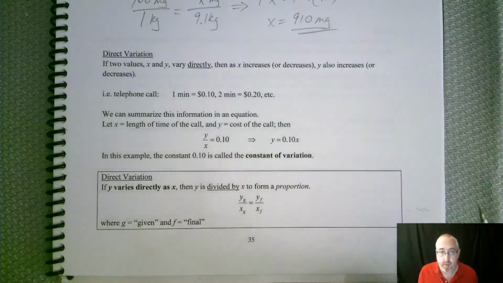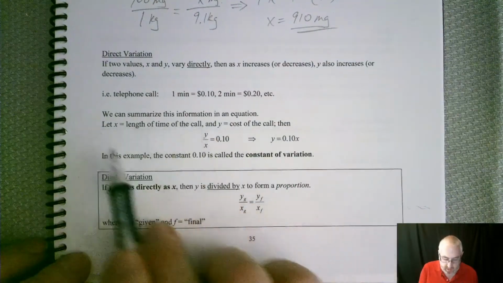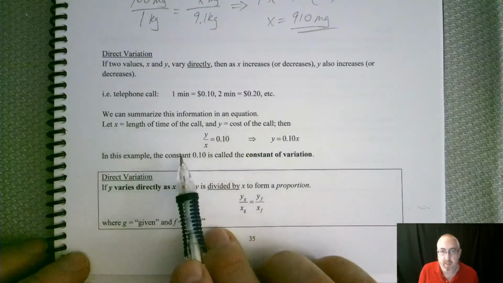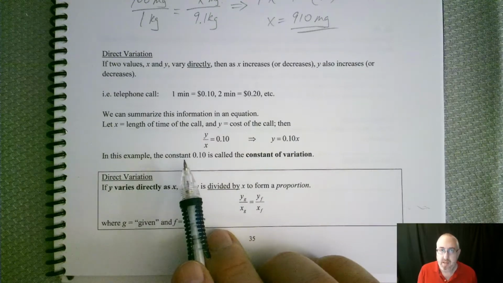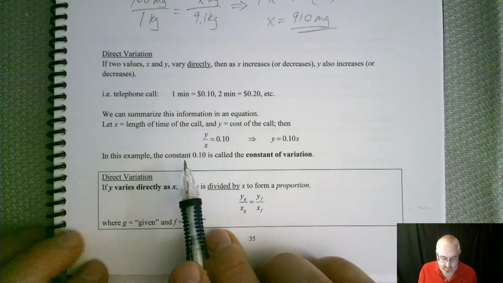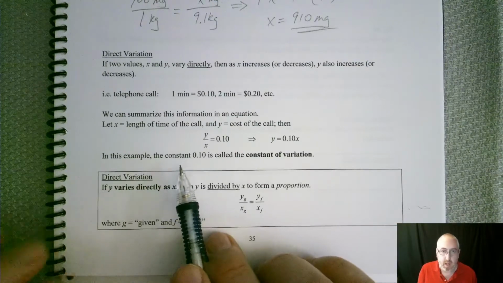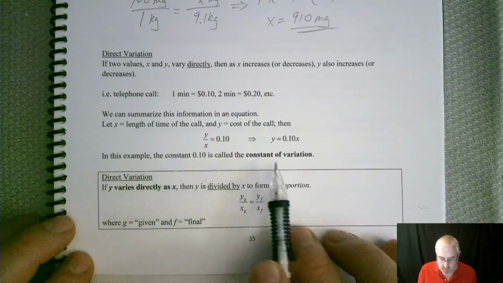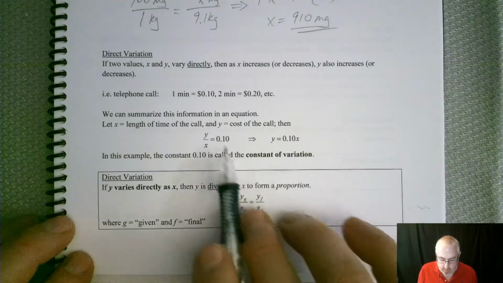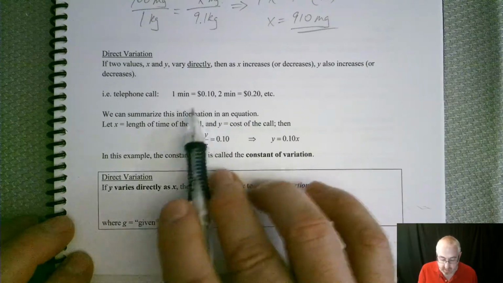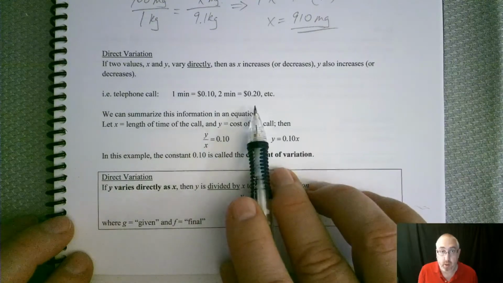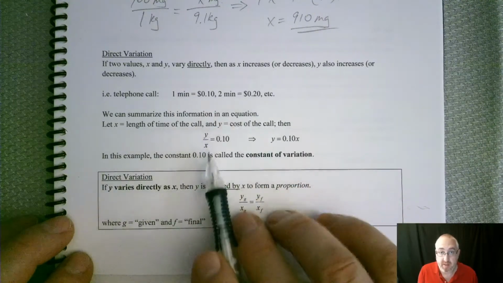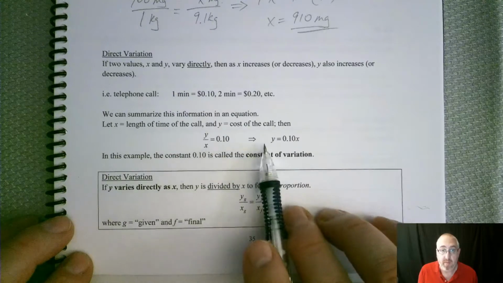Pretty straightforward. Now, a lot of this in here is talking about terminology that you don't specifically need, but it is important in some examples, in some applications. When we divide this scenario, where we're dividing the cost of the call by the length of the call, we're going to get a formula.